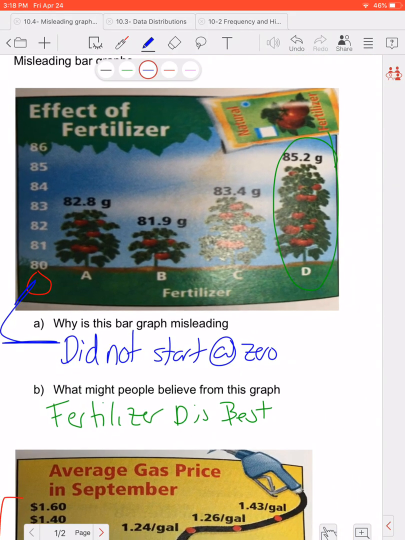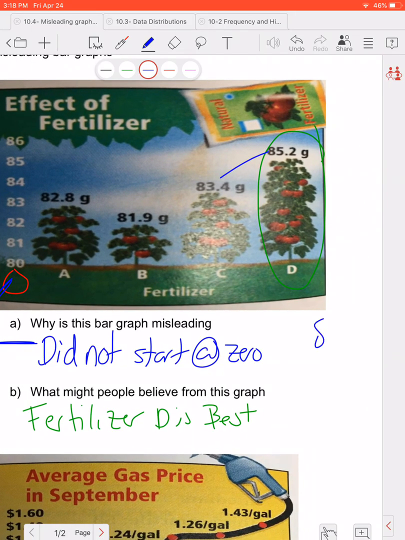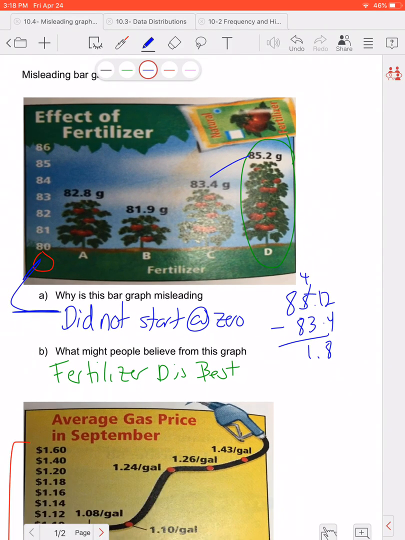So if you really think about this, between 83.4 and 85.2, 85.2 minus 83.4, that's a 1.8 gram difference. That is not a very large difference. So if I had actually started counting at 0, or maybe even counted by 5s, these two plants would have been much closer together, and then I might have been like, well, C and D are pretty much the same, okay?